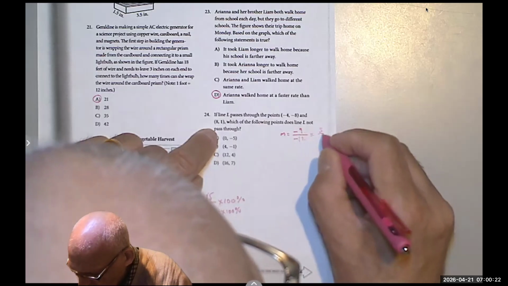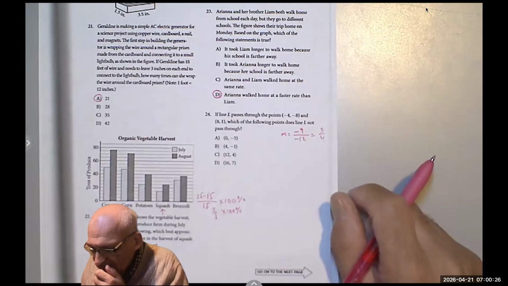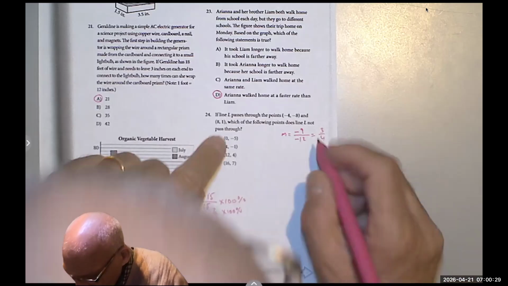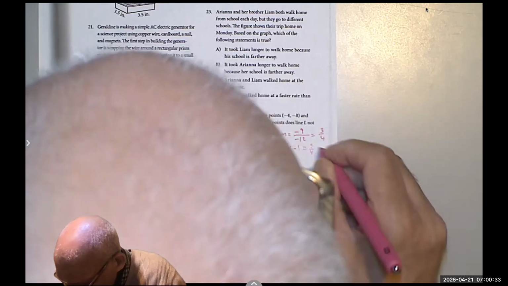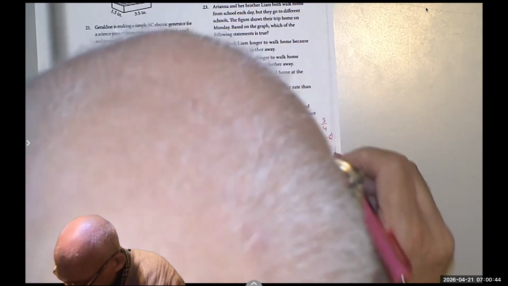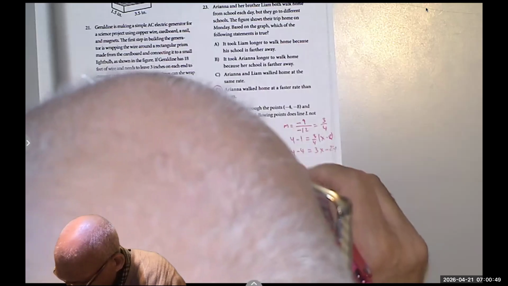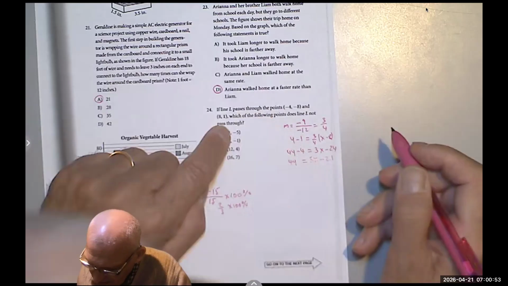So this is 3/4. That's the slope. And then if I say y minus 1 equals 3/4 times x minus 8, I will get 4y minus 4 equals 3x minus 24, which says 4y equals 3x minus 21.